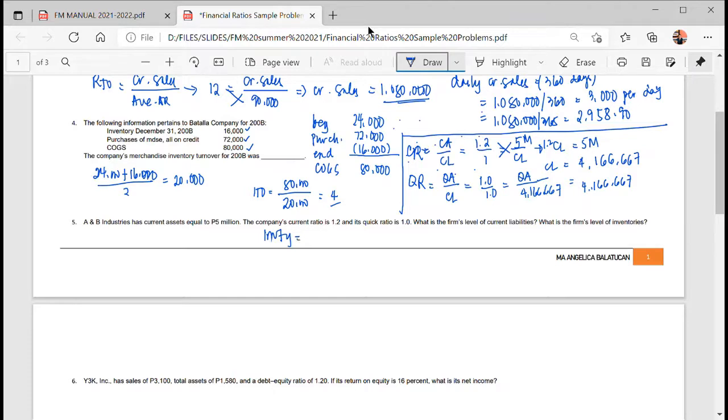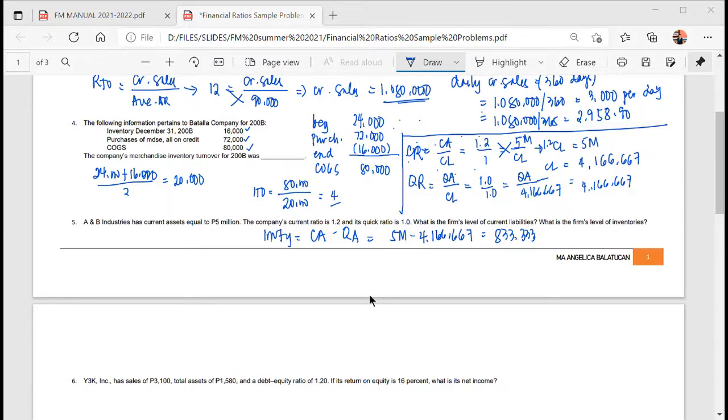So current assets minus quick assets: 5 million minus 4,166,667, you will get 833,333, and that would be our inventory. Okay, so your answers are correct. Very good.